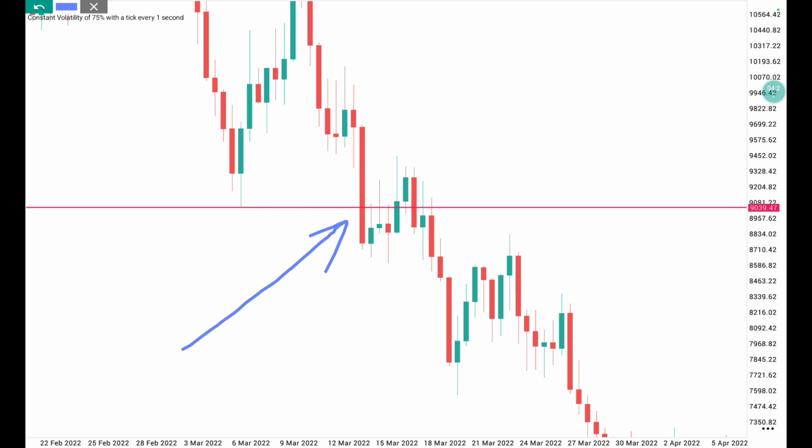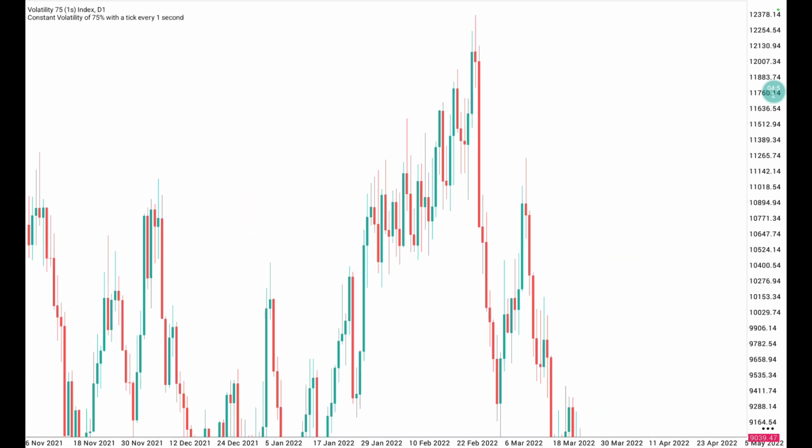It's not something you are trying to see if it's valid or not. No, it's very obvious. So this is what we call break of market structure. Before you can have a valid break of structure, there ought to be an energetic candle closing below an old low or above an old high. That's what we call break of market structure.